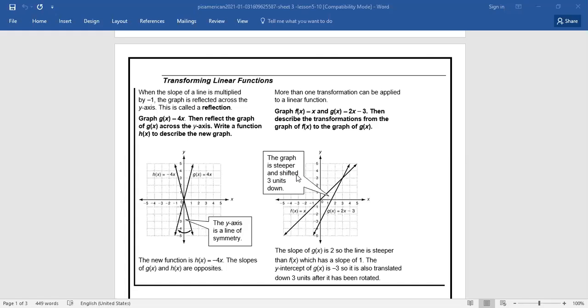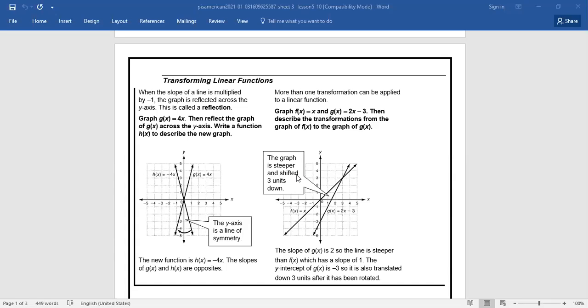When the slope of the line is multiplied by -1, the graph is reflected across the y-axis, and this is called reflection. If you have g of x equals 4x and you want to reflect the graph, you multiply the slope by -1.